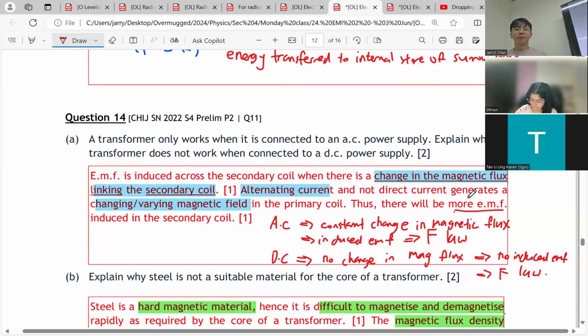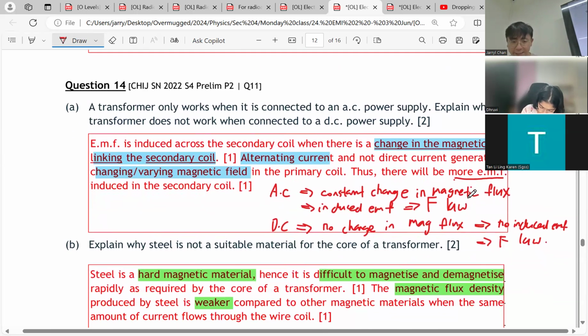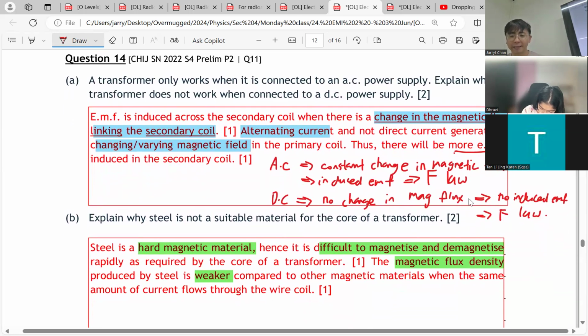Okay, 14B. Still hard magnetic material, difficult to magnetize and demagnetize, as required by the core of the transformer. Magnetic flux density, pick this up as well. In a hard magnetic material like steel, magnetic flux density is weaker.